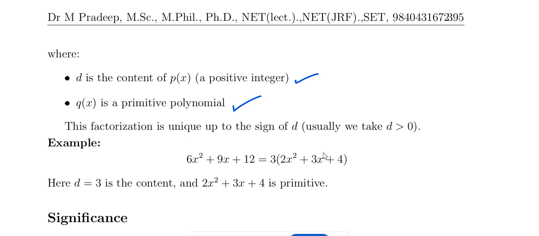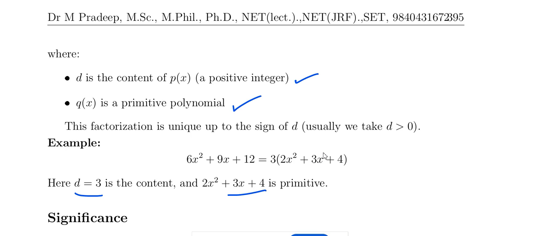The factorization is unique up to the sign of D. So take 6x square plus 9x plus 12, when you take the common factor 3 வெளியே எடுத்துட்டீங்கன்னா 2x square plus 3x plus 4, அப்படின்னா இங்கே D equal to 3, and 2x square plus 3x plus 4 என்றது primitive polynomial. So D equal to 3 is the content, and content into primitive polynomial, we get that polynomial.